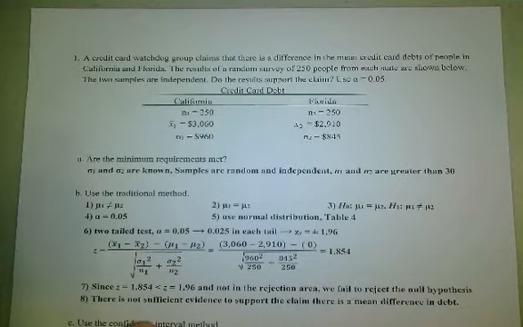Now please note, 1.85 is less than 1.96. In other words, this is closer to the mean, closer to the inside of the distribution than this one is, not in the rejection area. Again, the rejection area is always an extreme value. Therefore, we fail to reject the null hypothesis.